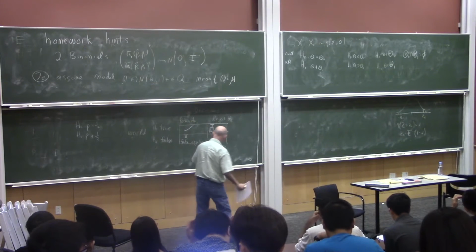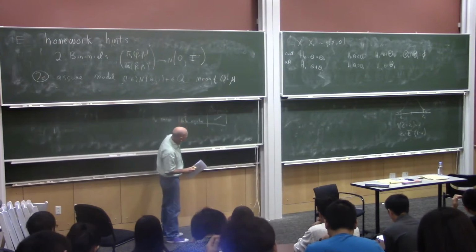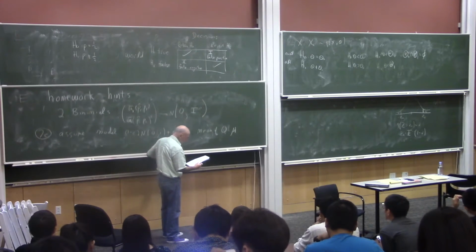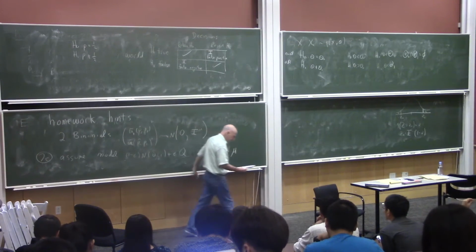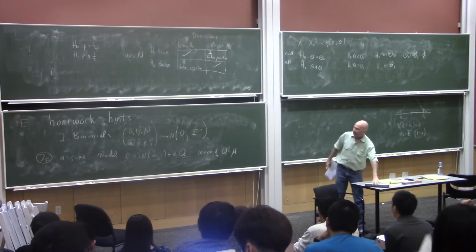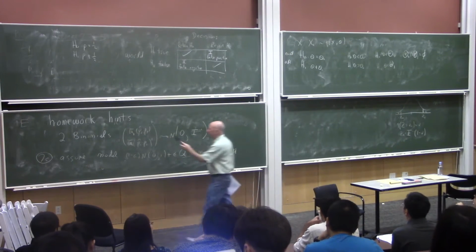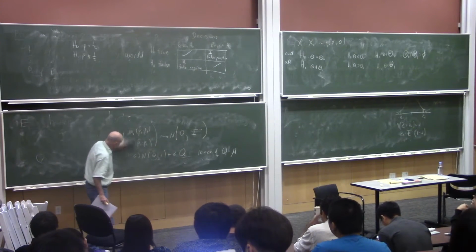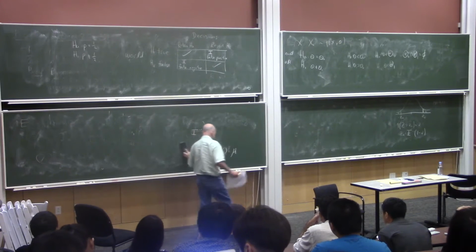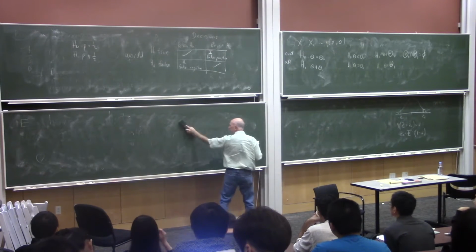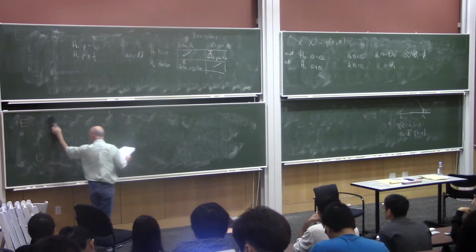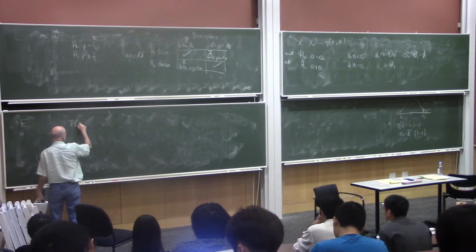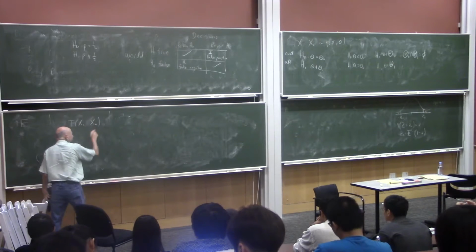So how do we construct these tests? Well, we basically make up a rule that says we're going to reject the null hypothesis whenever something happens. That really involves creating two things. Some sort of statistic, this will be our test statistic.